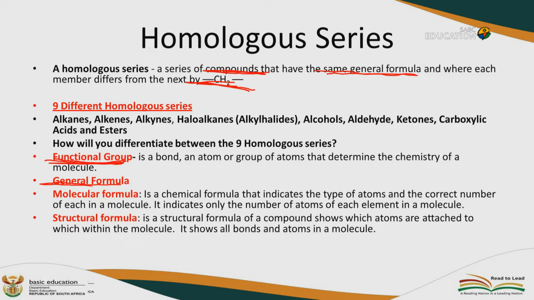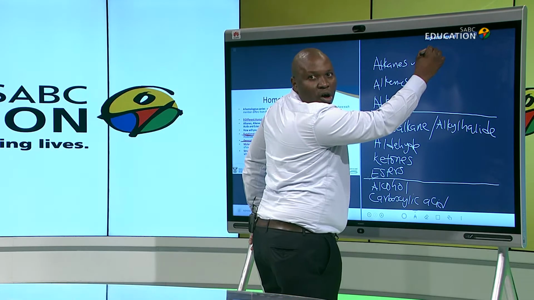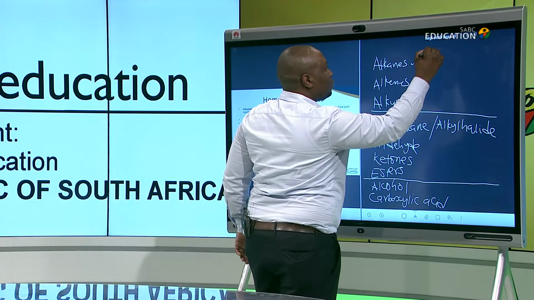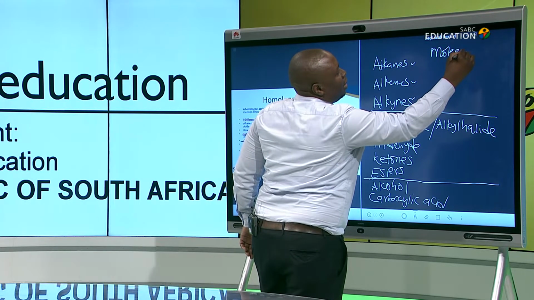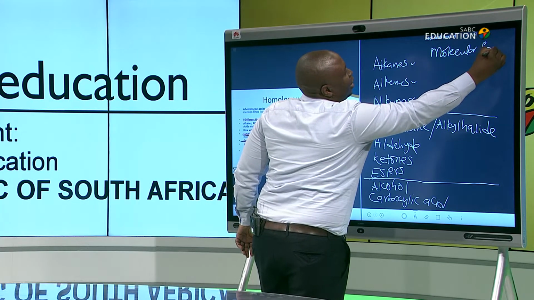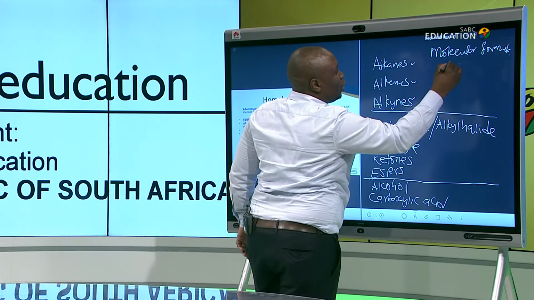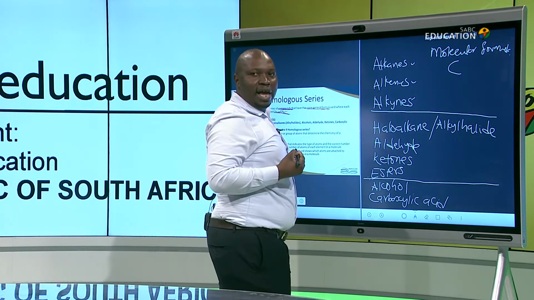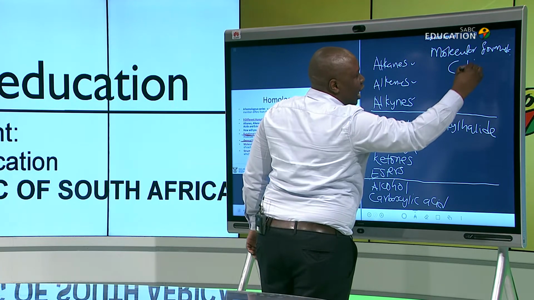So we're saying a structural formula is a formula of a compound. It shows which atoms are attached to which within a molecule. It shows all bonds. So what is important? We are saying for molecular formula, what you are supposed to do, it will show you how many carbons you have and how many hydrogens you have.